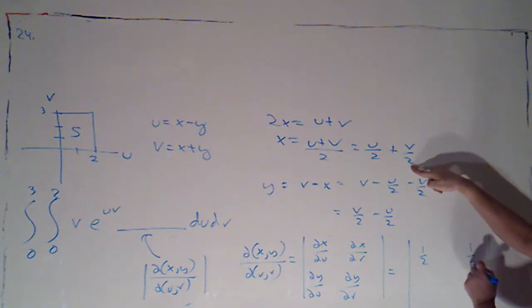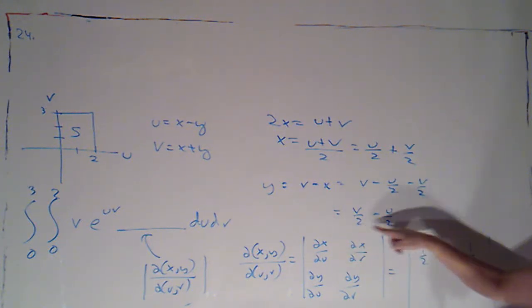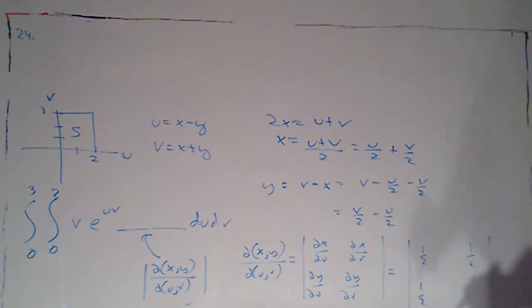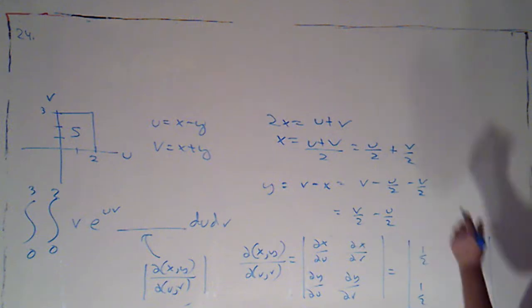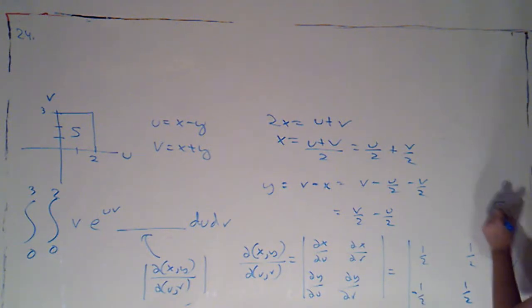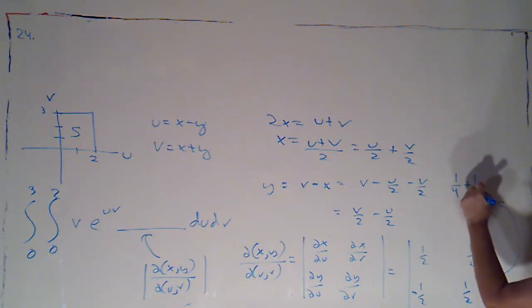Partial of x with respect to v is a half. This was y. Partial of y with respect to u is a half. Partial of y with respect to v is a half. Sorry, I meant to say a negative 1/2 right here. So when I calculate this, I'm going to get 1/4 minus a negative, so plus a fourth.